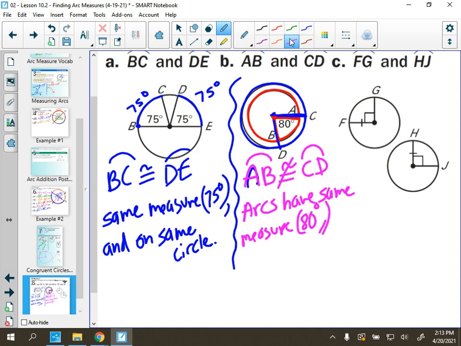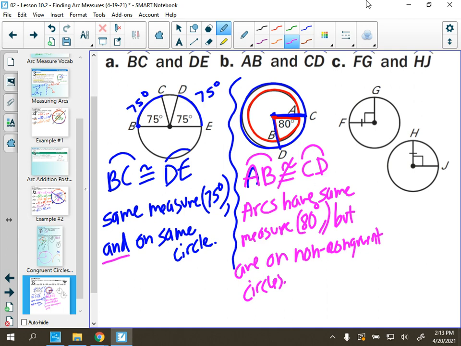But now this one, instead of an and, it's more of a but. But are on different circles, or are on non-congruent circles, or something along those lines.